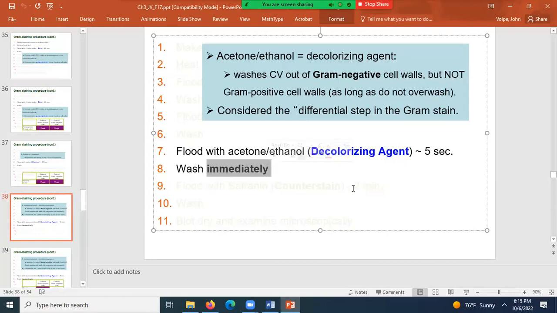You do need to wash immediately after the decolorizing step, because even when you dump the decolorizing agent off the slide, there will be decolorizing agent left on the cells, and that decolorizing agent will continue to work. And you don't want it to work any further, so you wash immediately with cold water. Any question about any of that?